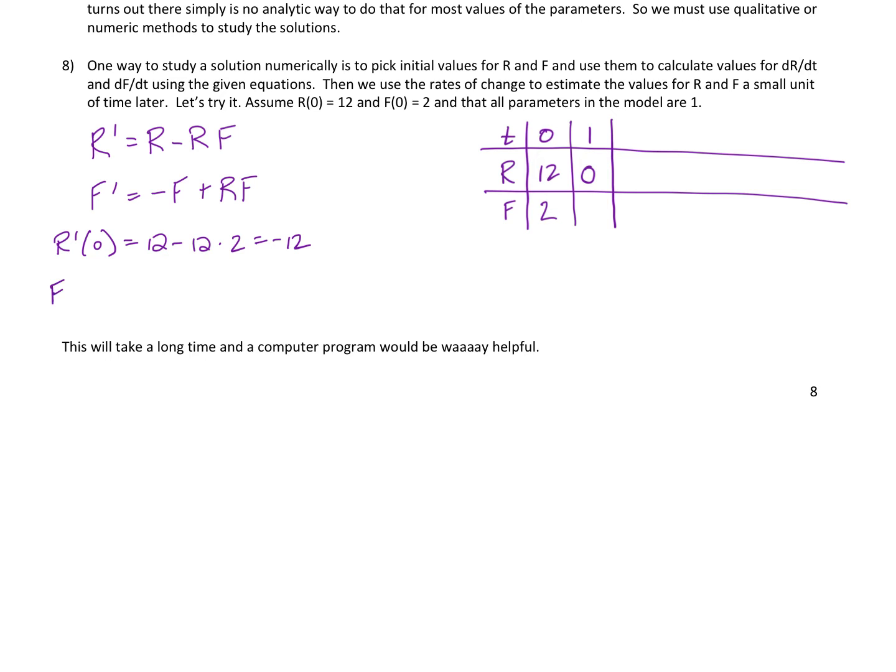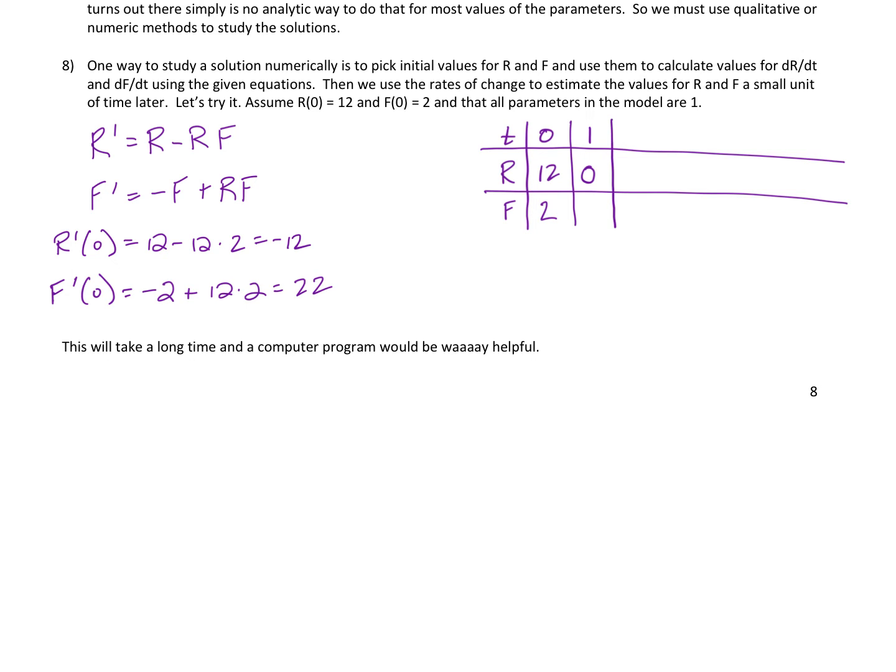Now the rate of change of the fox population at 0 would be negative the number of foxes plus the number of rabbits times the number of foxes. So negative 2 plus 24 is 22 foxes.